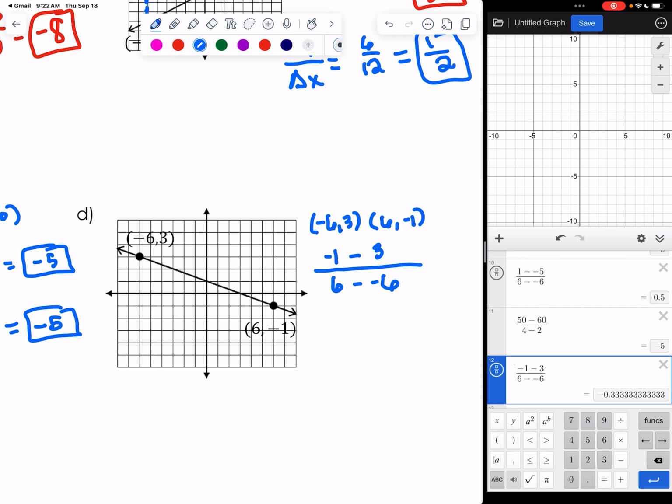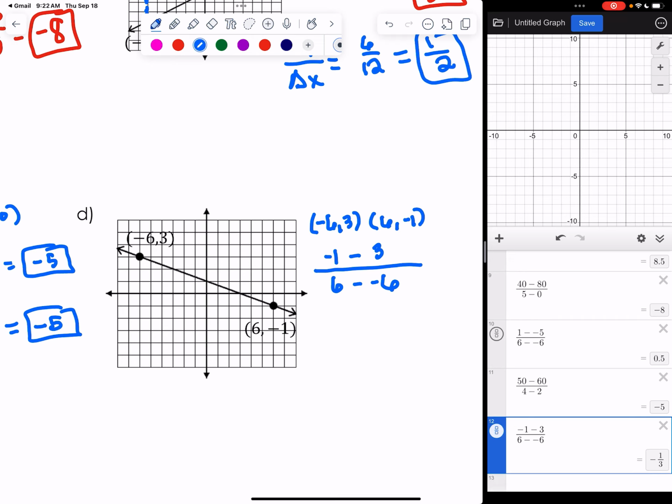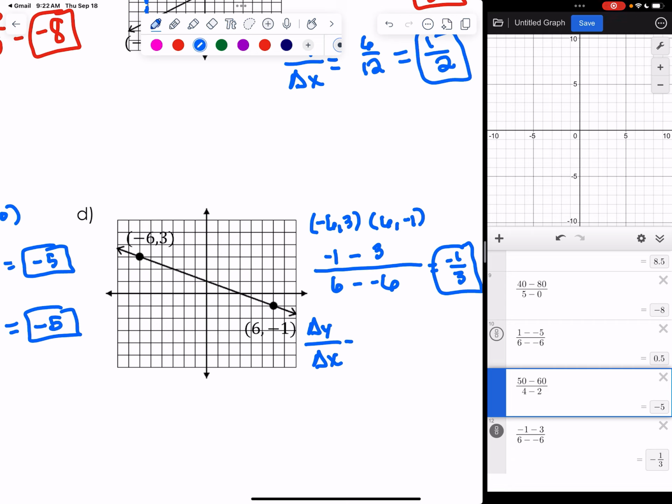That is a decimal answer. So I'm going to convert it to a fraction, and it converts to negative 1/3. All right. The next thing I'm going to do is I'm going to get the ratio of the change in y to the change in x. So I'll use a right triangle. And notice I'm moving up 1, 2, 3, 4.